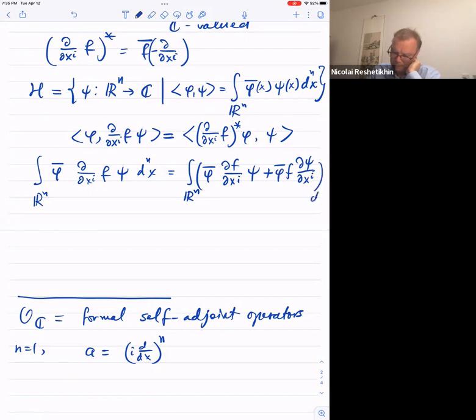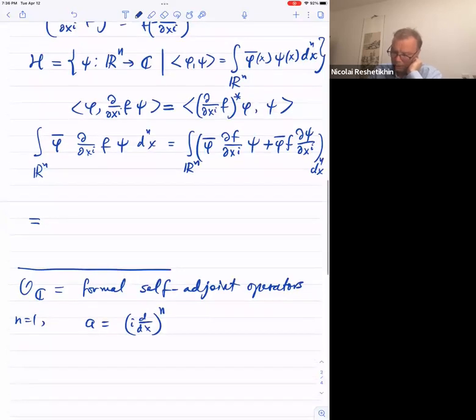Okay, dnx. So then I use integration by parts in the last piece, and I have minus. I mean, all functions should decay, otherwise this is not a Hilbert space. So we assume that the norm of each function is finite.